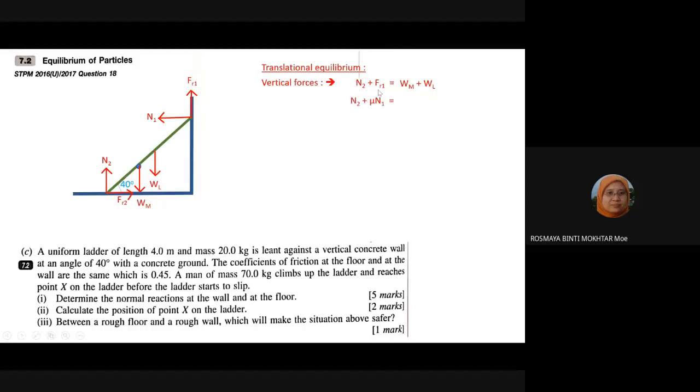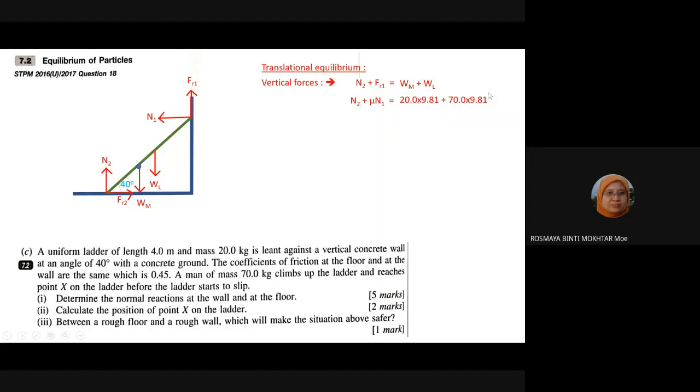So we substitute F equals to mu N into here. WM, I didn't put here just now, right? The calculation, because it will make the diagram look messy. So I write here, WM is 20.0 times 9.81. The mass of the man is 70.